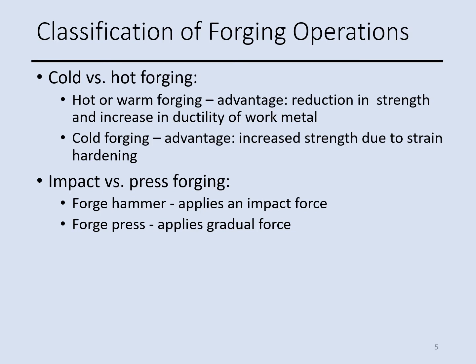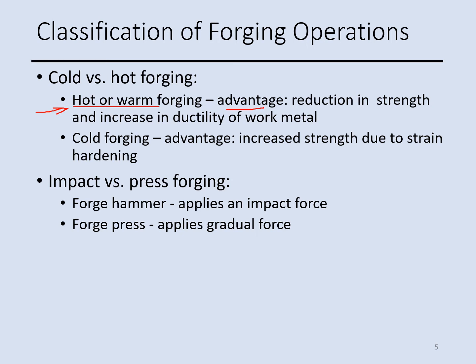The forging operation can be performed in two temperature environments, cold or hot, and each one has its own advantages. If we do the forging process in the hot or warm condition, we have advantages like reduction in strength during the process.